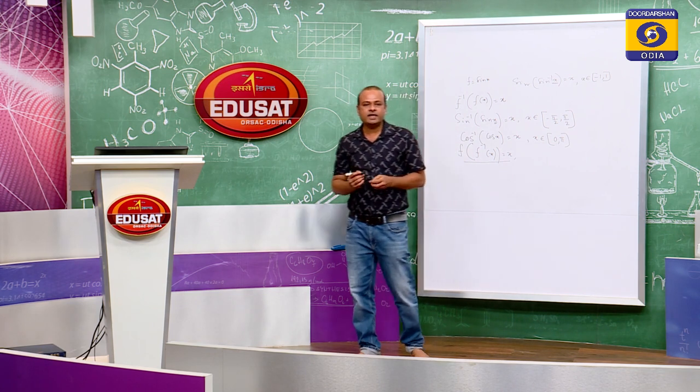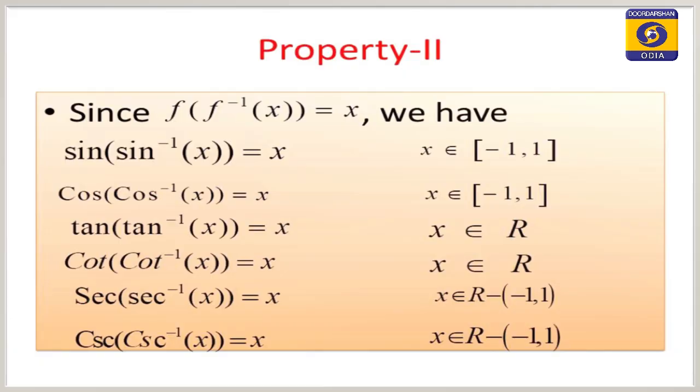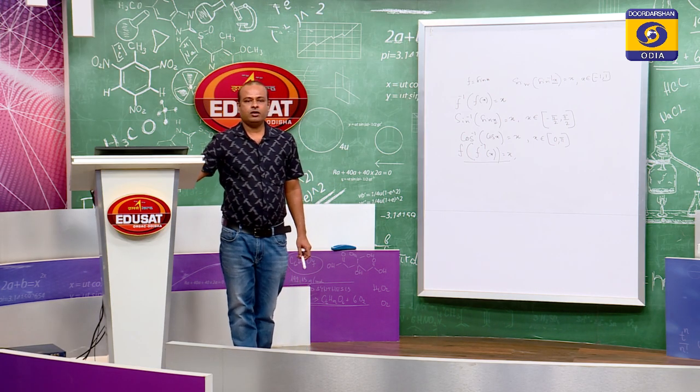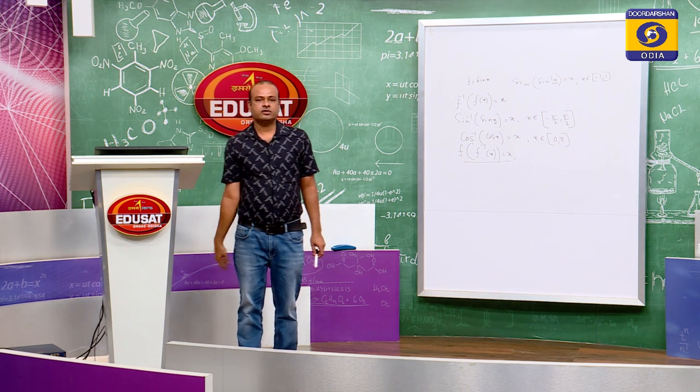So, sin of sin inverse x is equal to x for x belongs to minus 1 to 1. Similarly, cos of cos inverse x is equal to x, x belongs to minus 1 to 1. Tan of tan inverse x is equal to x, x belongs to R. Cot of cot inverse x is equal to x, x belongs to R, and sec of sec inverse x is equal to x, x belongs to R minus the open interval of minus 1 to 1. Cosec of cosec inverse x, x belongs to R minus the open interval of minus 1 to 1. So, this is another property of inverse trigonometric functions.